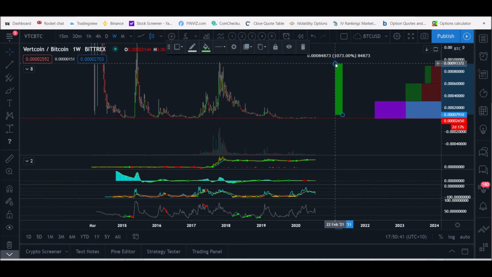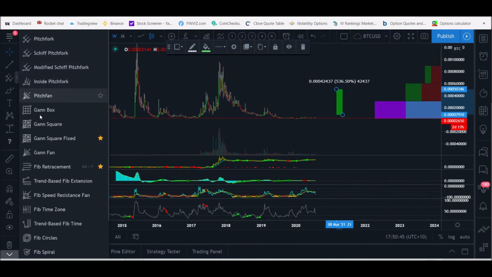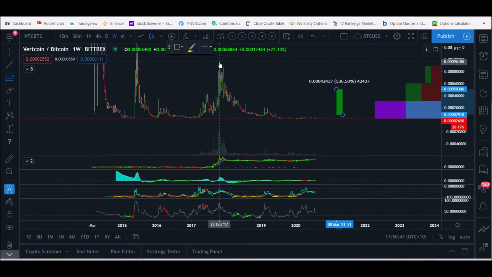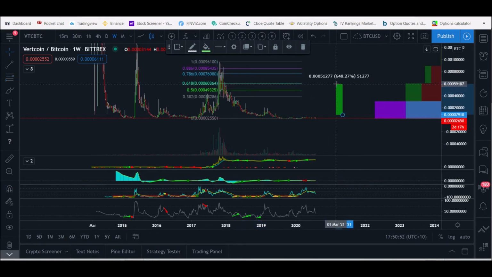It's possible, very possible. If we do something around, say, our kill zone or take profit zone, if we work it to the 618, what is it? 650%. That's 650% basically for free after I've taken out my initial investment on this.